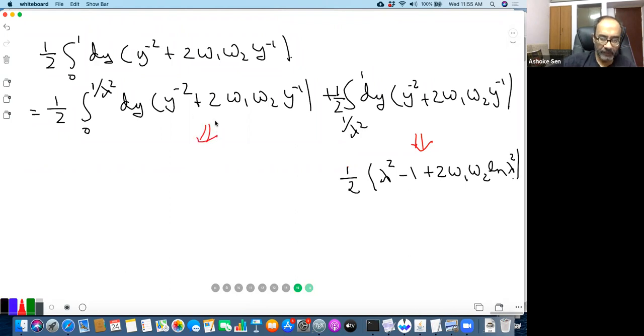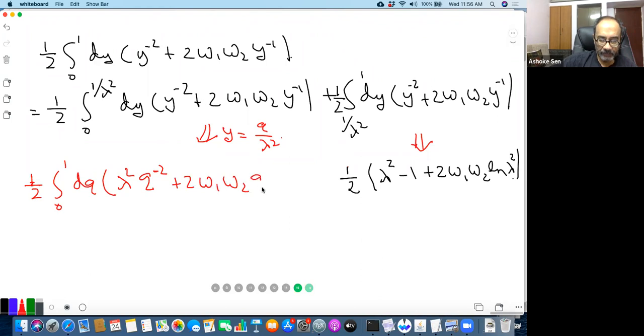Okay, so for this you first change variable y equal to q by lambda square, and write this in terms of q. So in that language, this becomes half integral 0 to 1 dq. dy y to the minus 2 becomes lambda square dq q to the minus 2. So lambda square dq q to the minus 2 plus 2 omega 1 omega 2 q inverse.